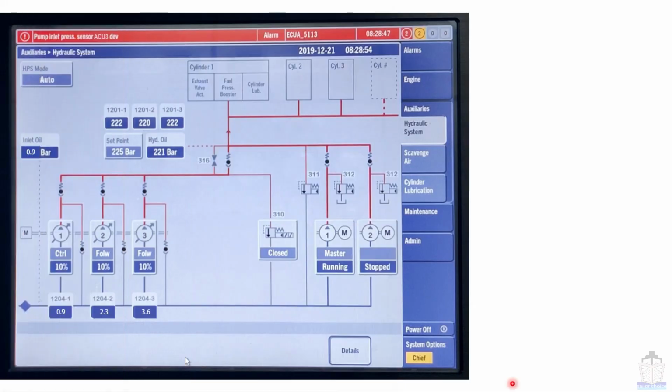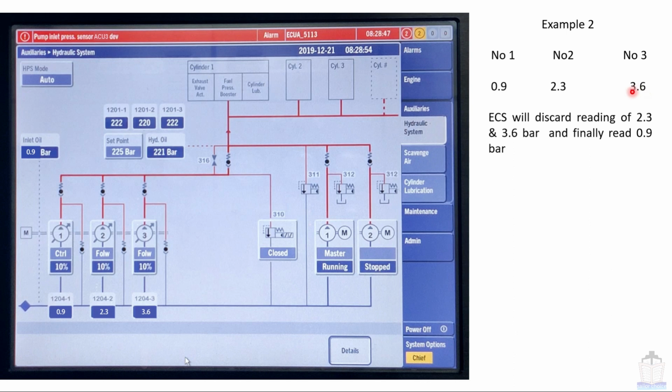Now we will see example number 2. Suppose the readings are number 1 0.9 bar, number 2 2.3 bar, number 3 3.6 bar. In that case, the difference between number 1 and number 2 is more than 1 bar. The difference between number 2 and number 3 is also more than 1 bar. So what action will the ECS take?